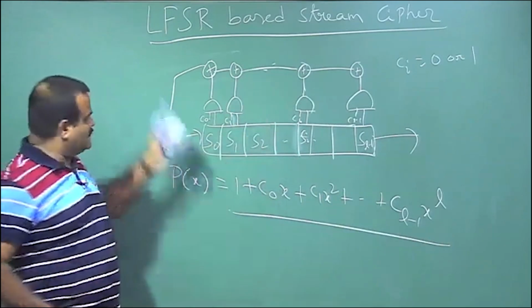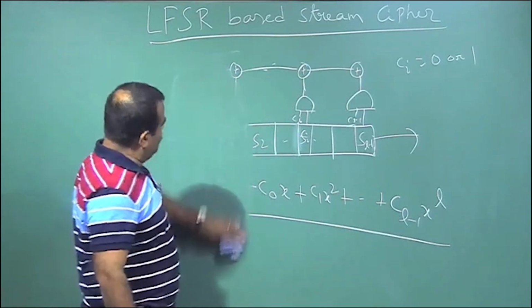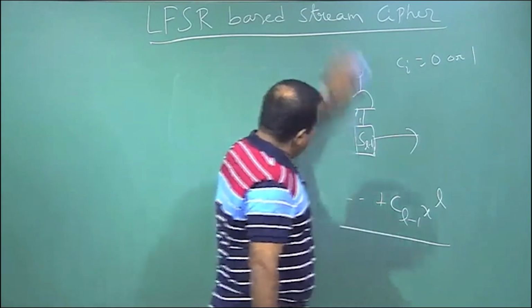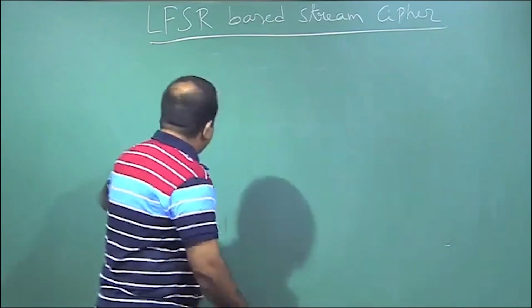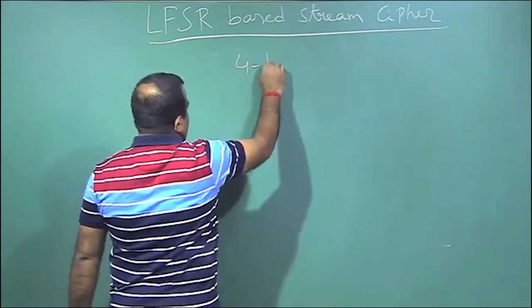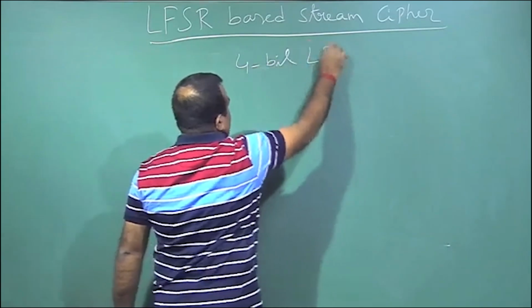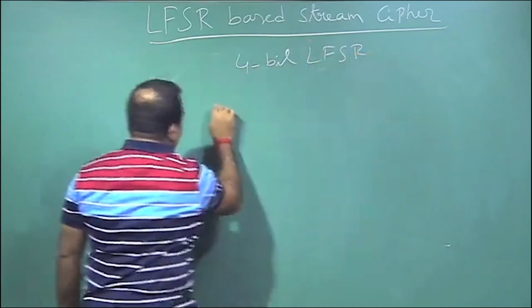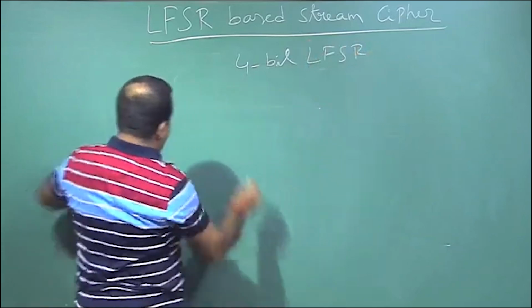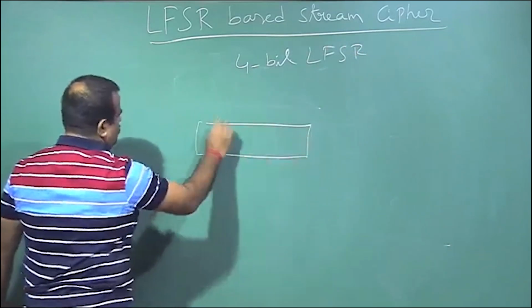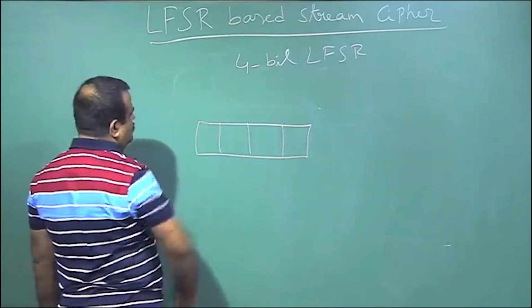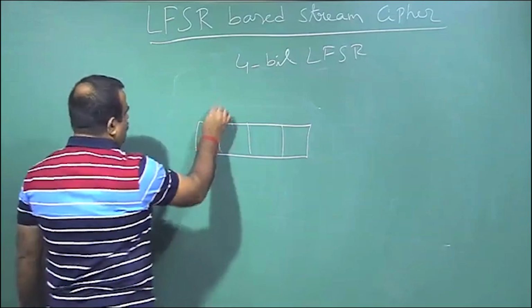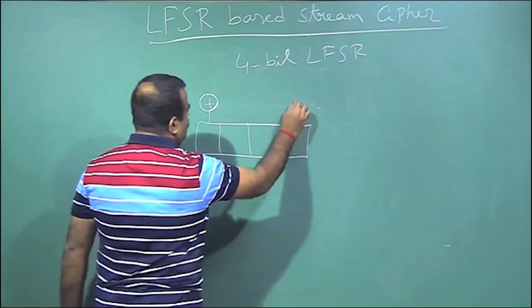So, let us take an example of a 4 bit LFSR. For 4 bits, we have a 4 bit register, 1, 2, 3, 4, and we have connections. Say we have a connection over here and a connection over here.